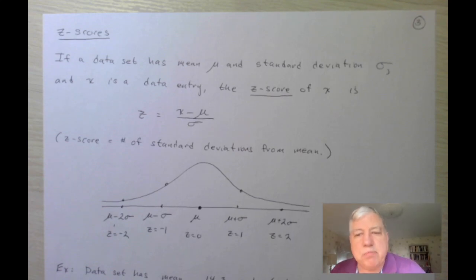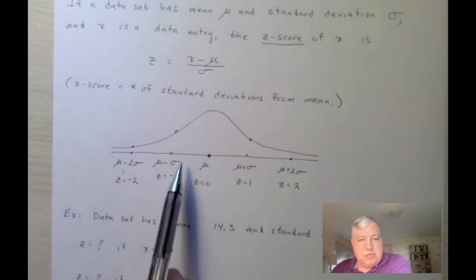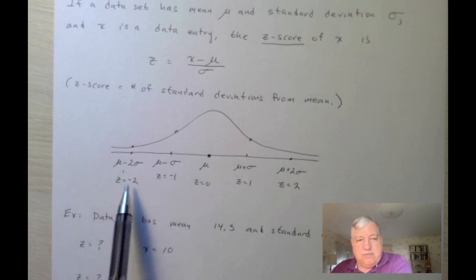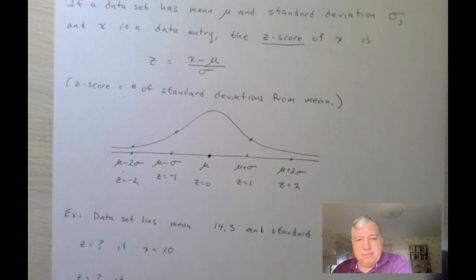Most of the time it won't be, but a z-score of 0 would mean that you are at the mean. A z-score of 1 would mean basically you're talking about the number mu plus sigma. A z-score of 2 would be mu plus 2 sigma. A z-score of -1 would be mu minus sigma. A z-score of -2 would be mu minus 2 sigma.